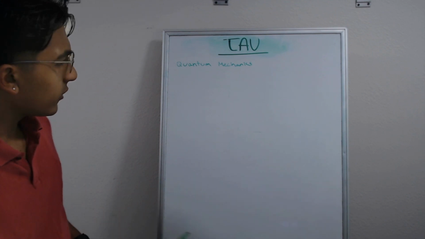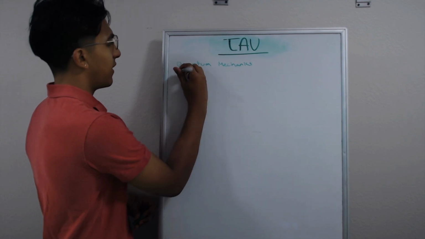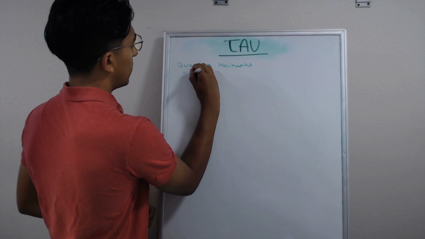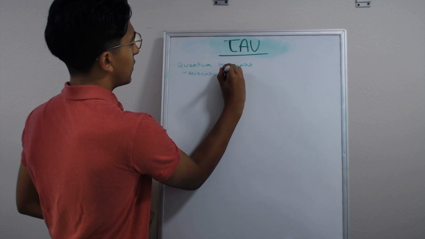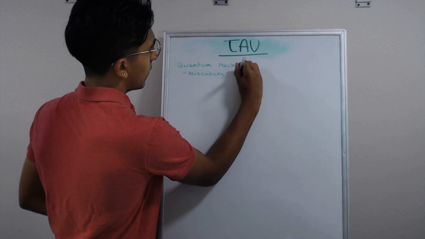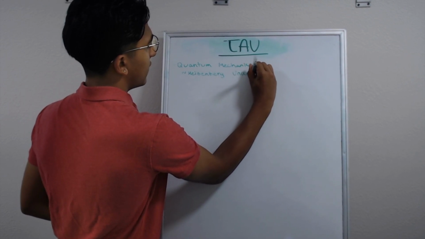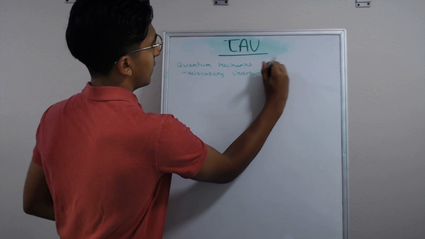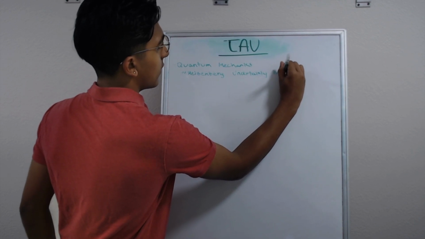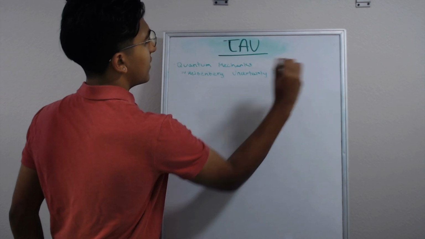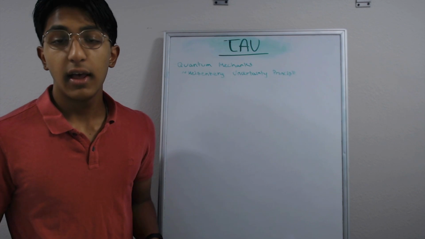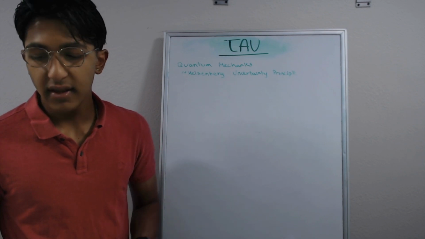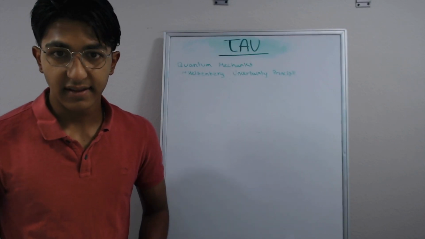So you might recall that in our first video we talked about the Heisenberg uncertainty principle. And this is a crucial thing if you want to begin to learn about quantum mechanics, that you understand what this principle states.